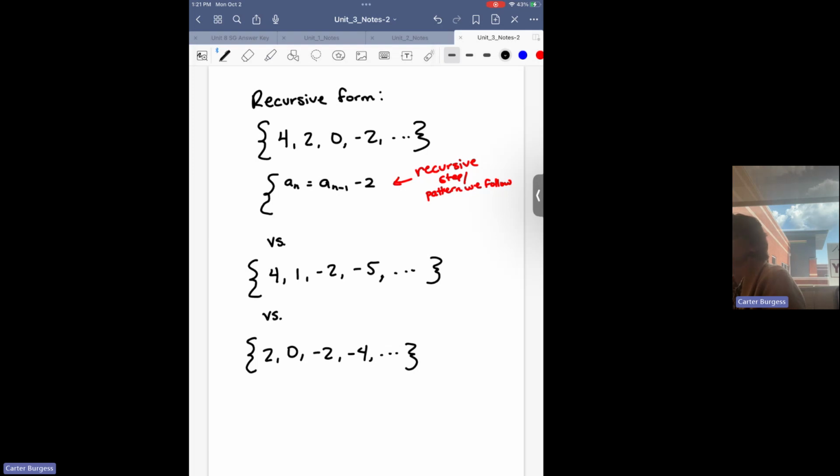Notice that the first term of my first sequence is not the first term of my second sequence. The second term of my first sequence is not the second term of my new sequence, and so on. But if I gave you that I can find a new term by subtracting 2 from my old term, is that enough to differentiate between these two sequences?